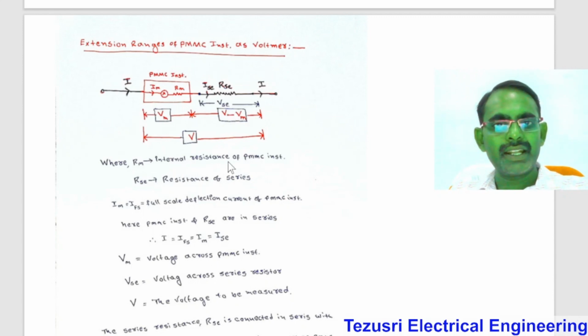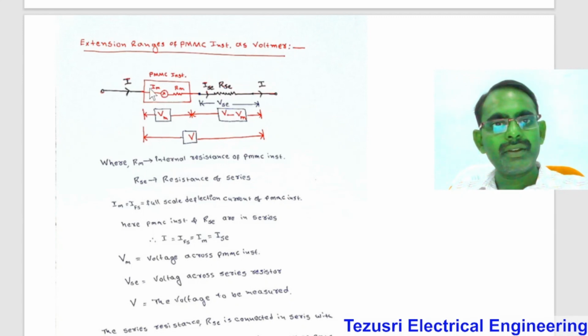Here Rm is the internal resistance of the basic PMMC instrument. Here RSE is nothing but the series resistance of the extension of the instrument. And Im and IFS, these two are equal and it is the full scale deflection current of the basic instrument.